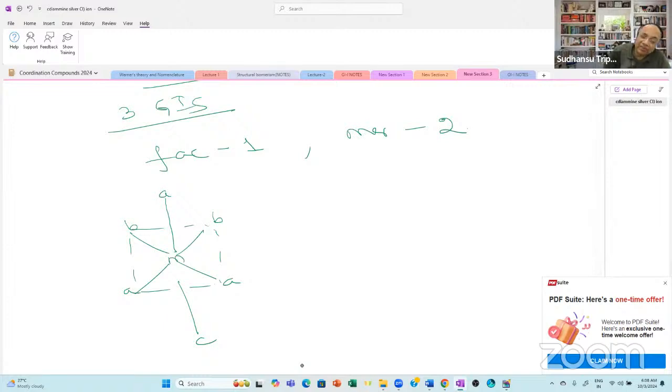That triangle is also not passing through the center. This is the only fac. But once you prepare mer, then you will find 2 non-superimposable possibilities. Just supposing you interchange this.